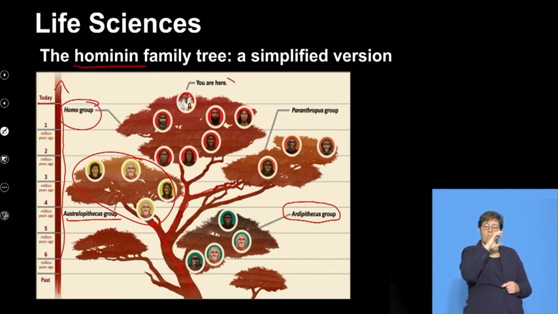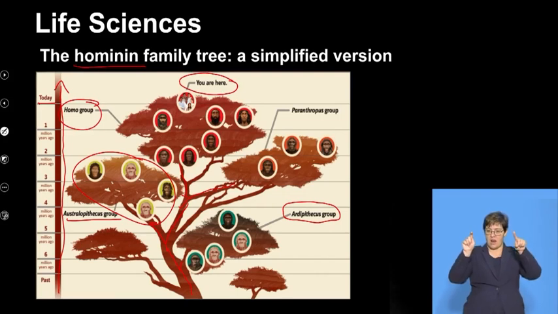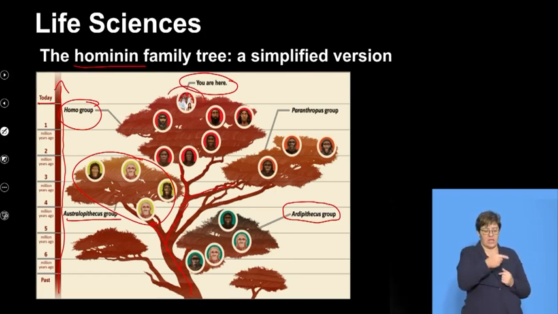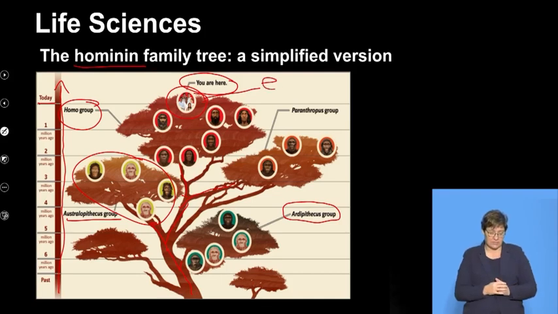And we are at the top. As you can see, out of all these species, none of them are on the line that indicates the present, except Homo sapiens. So all the other species on this diagram are extinct, and we are the only species that is extant.